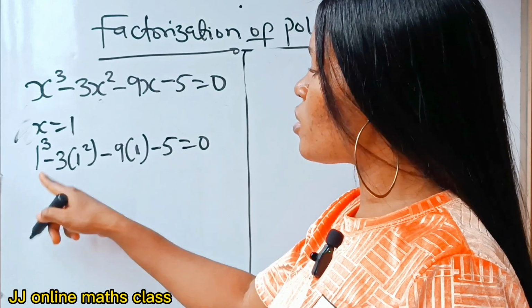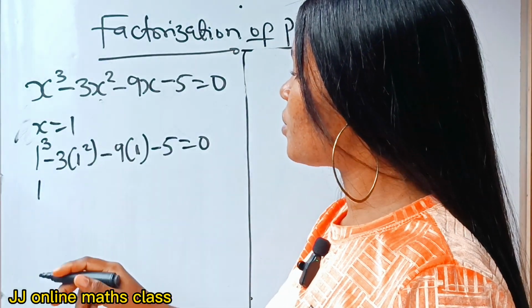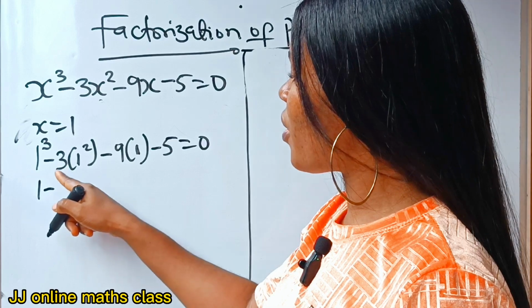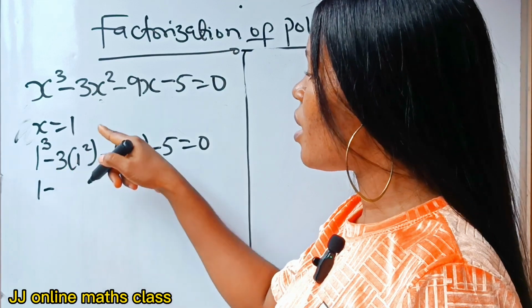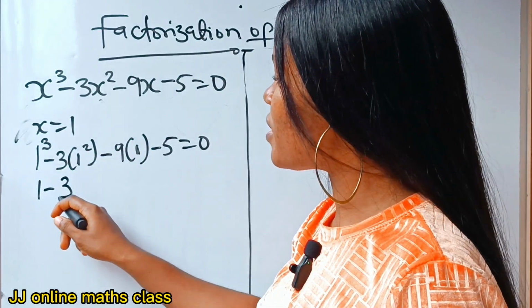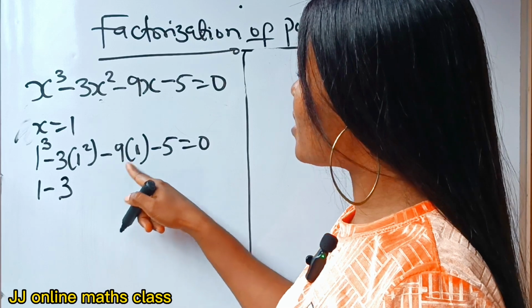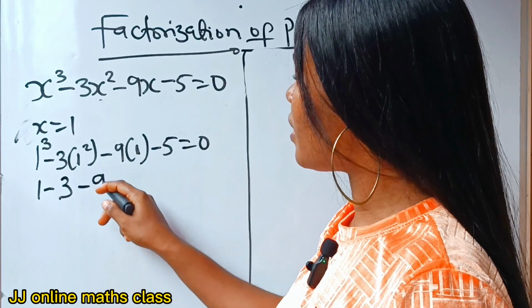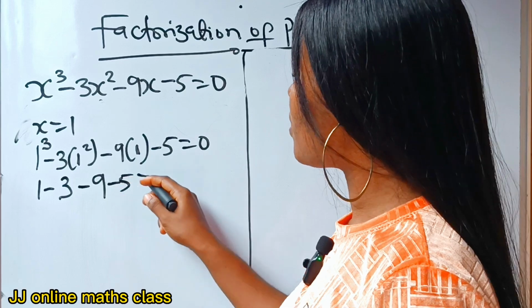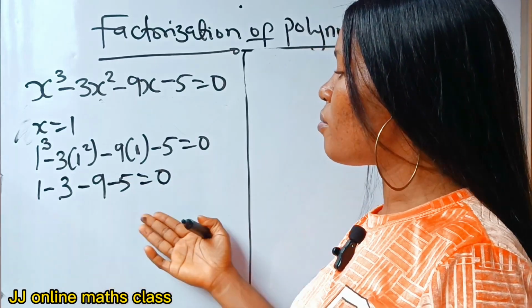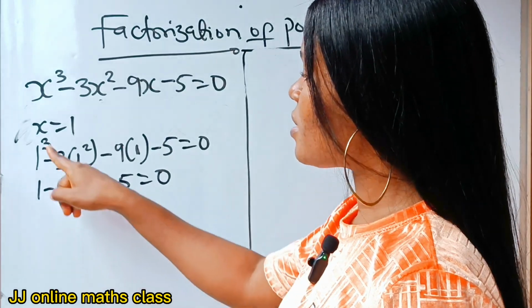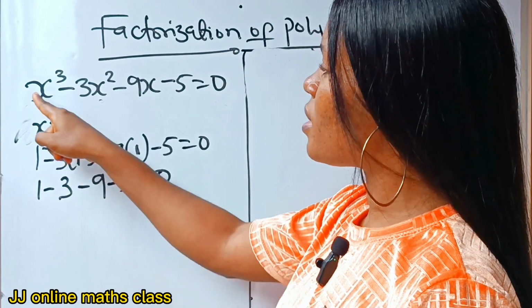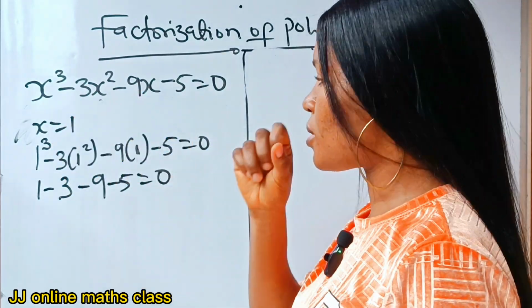Okay, so 1 to the power of 3 is still 1, minus 3 times 1 squared, which is still 1, so minus 3. Now minus 9 times 1 is minus 9. Minus 5 is equal to 0. By looking at this, this is not going to give us 0. So that means that 1 is not a root.